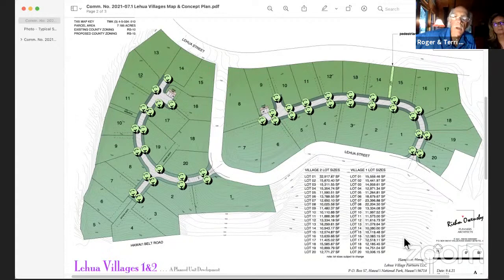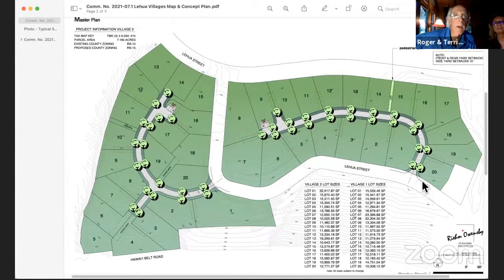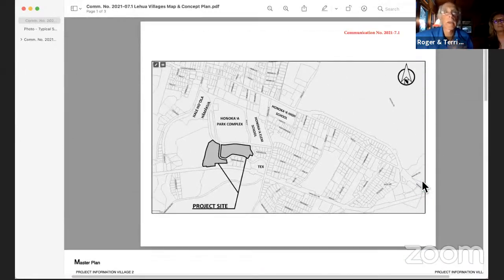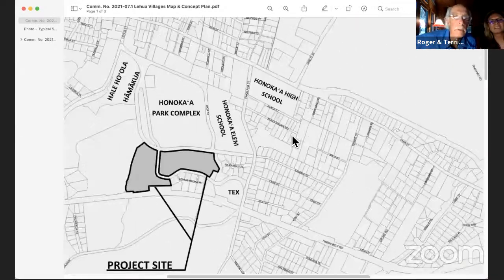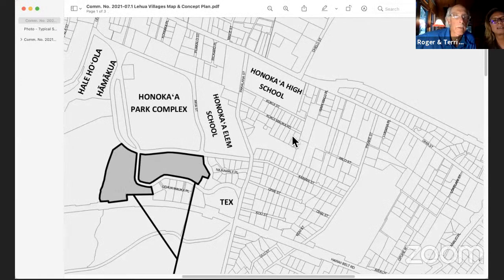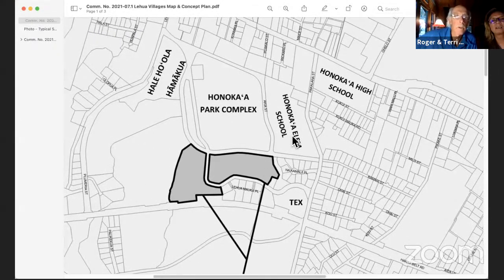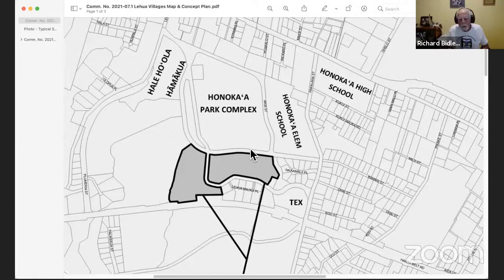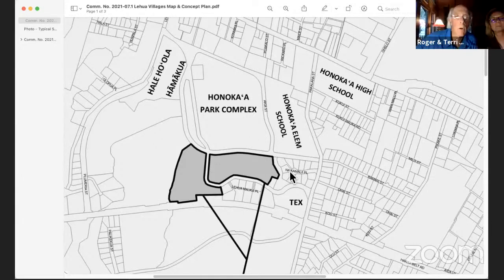Could I interject, Richard? Sure, yeah. If we could scroll up to the location map, the first map. I don't know if you're able to zoom in. Okay, perfect. So Daniel's lot. You see the gray parcel that is Village 1, right? In the lower right corner is a notch. That's Dan's lot.